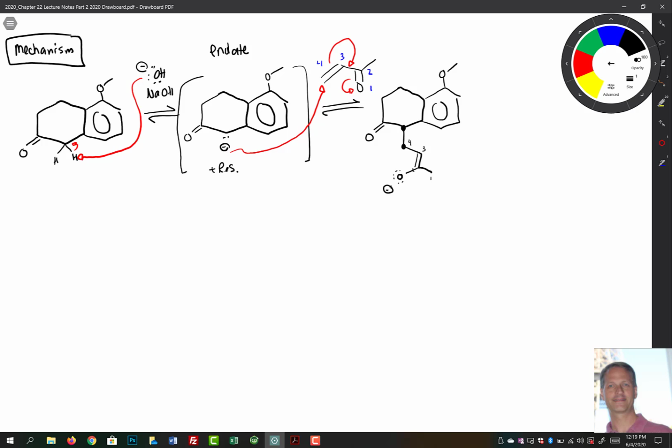Okay, so what we're going to do next is go through and do our cleanup phase. So we have sodium hydroxide in the presence of water. We're going to swing around and basically grab an H. We could either protonate that oxygen as it stands right there and then do a keto-enol reaction, or we could skip a step and just do this.